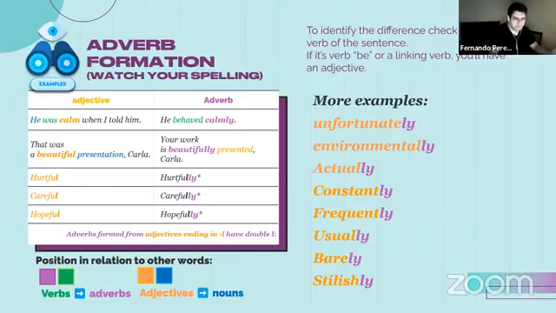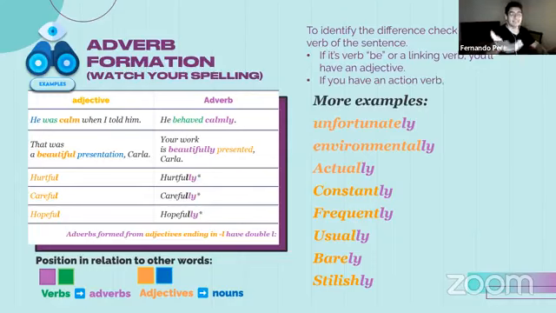This is technically yesterday's lesson, you know? If it's an adjective, it's because you have the verb to be. But if you have an action verb, in this case drive in Mitch's example, and make in Elsie's example, then you'll have an adverb.